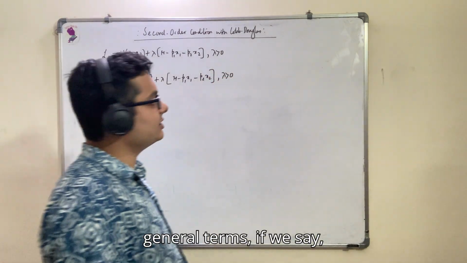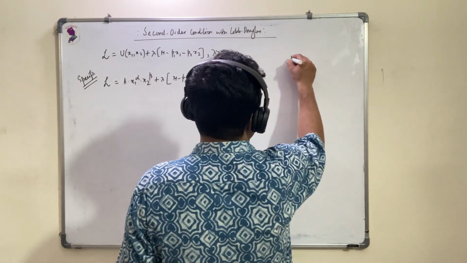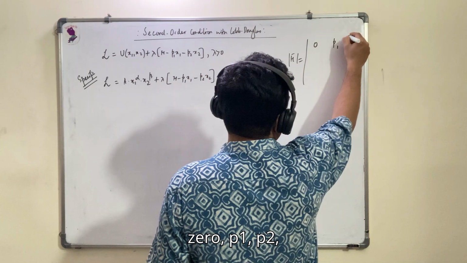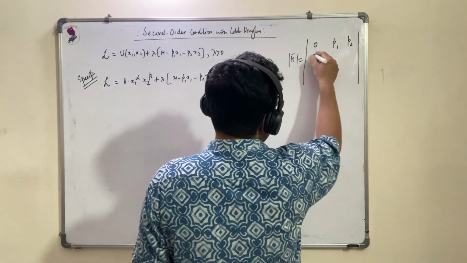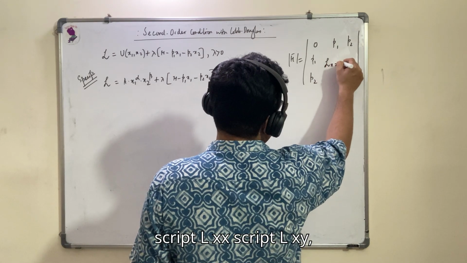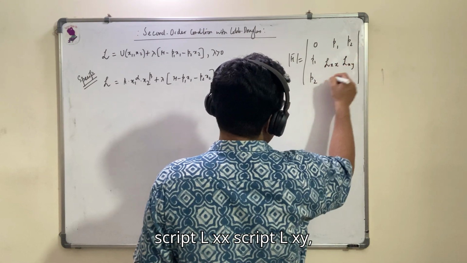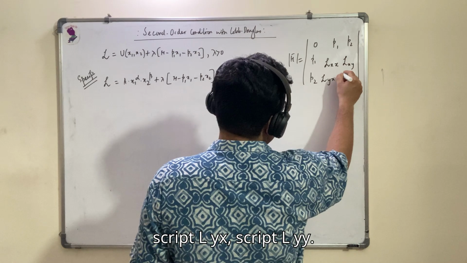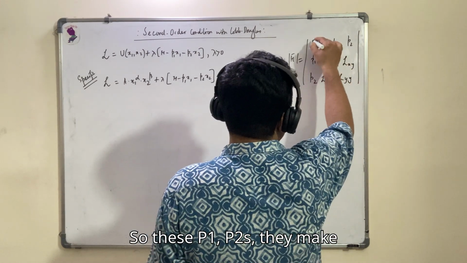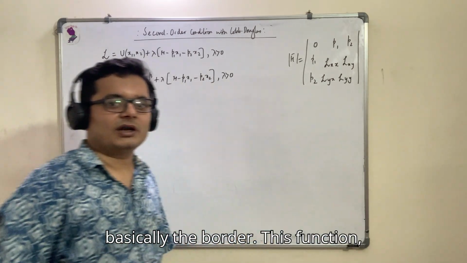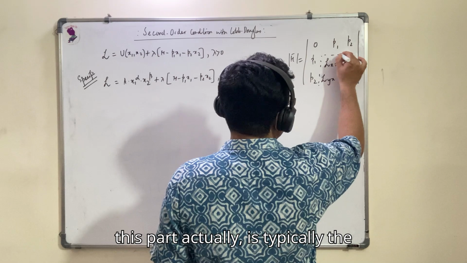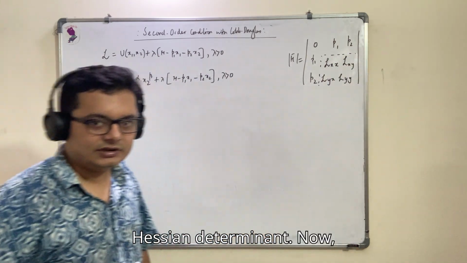Now, in general terms, the bordered Hessian looks like this: 0, p1, p2, p1, p2, script L xx, script L xy, script L yx, script L yy. So these p1, p2s basically make the border. This part is typically the Hessian determinant.